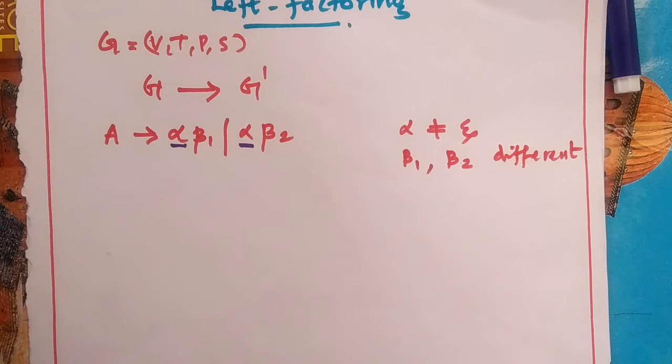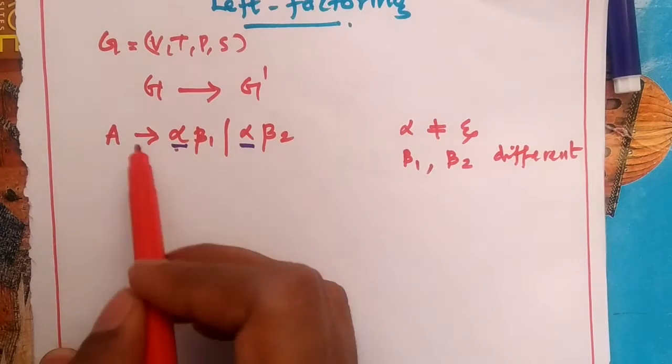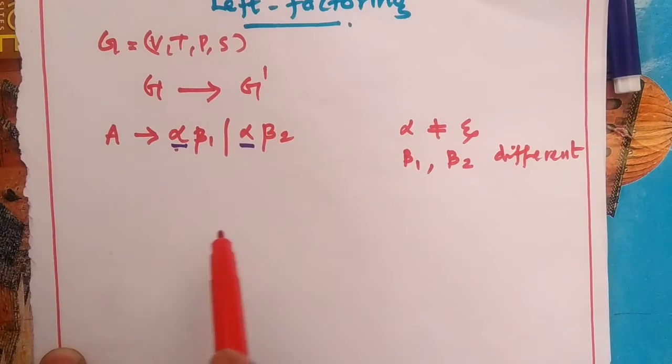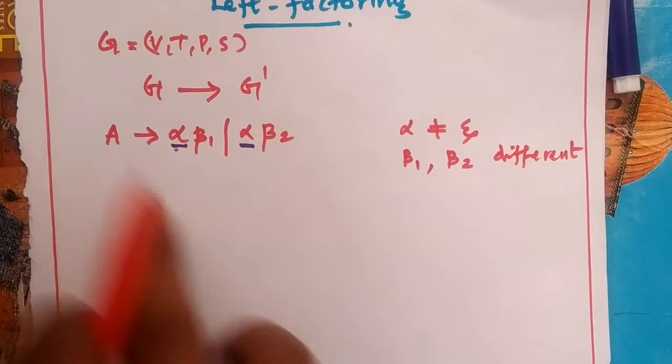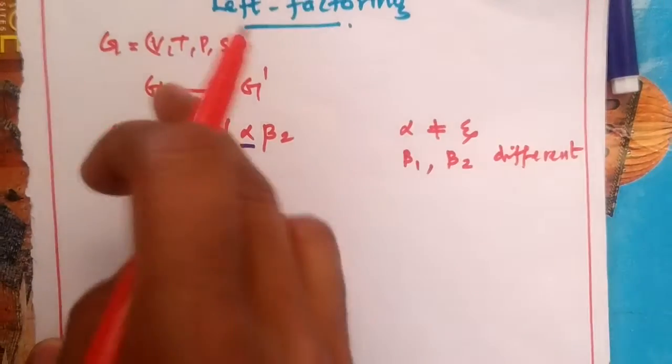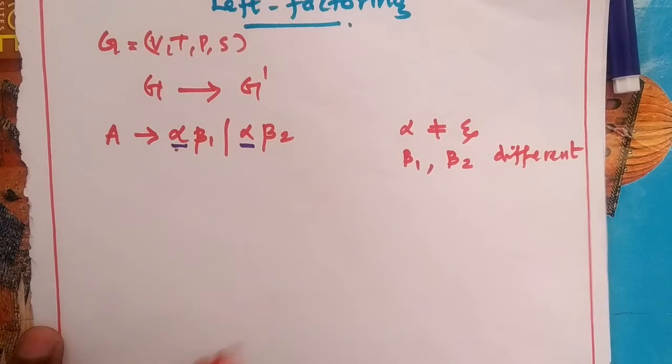Beta 1 and beta 2 are strings formed by using terminals as well as non-terminals. Alpha is also a string formed by terminals and non-terminals, but alpha is common to both productions, while beta 1 and beta 2 are different. If such a production is present in G, then we can say that G is not left factored.